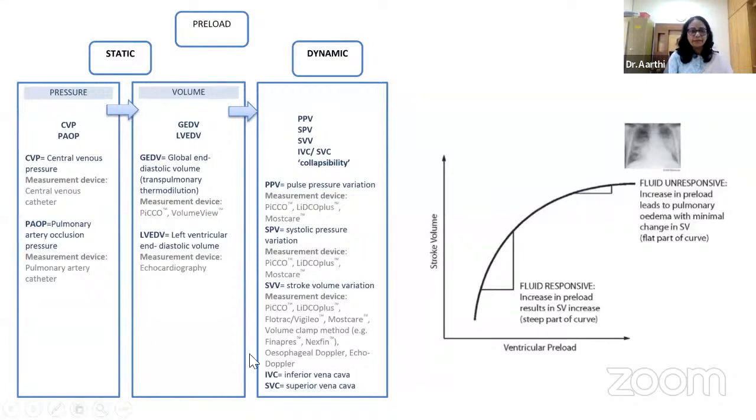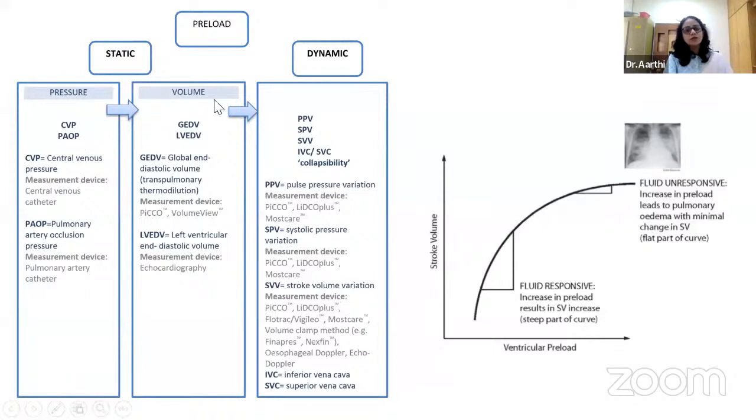These static parameters reliably reflect the preload only when the patient is on the steep part of the Frank-Starling curve. Once the patient is on the horizontal or flat part of the curve, these static parameters might not reflect the preload of the heart.